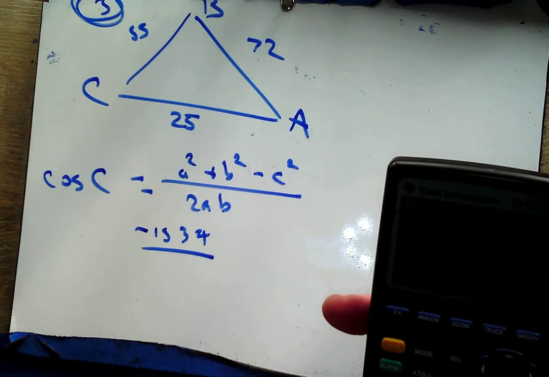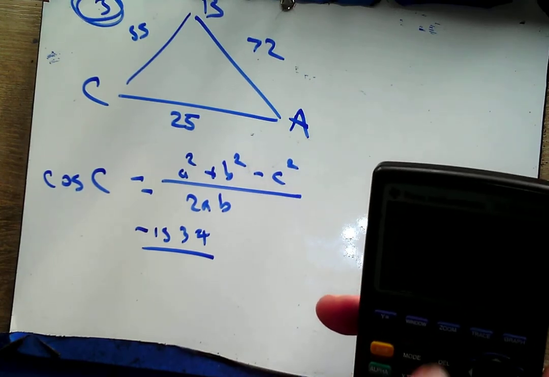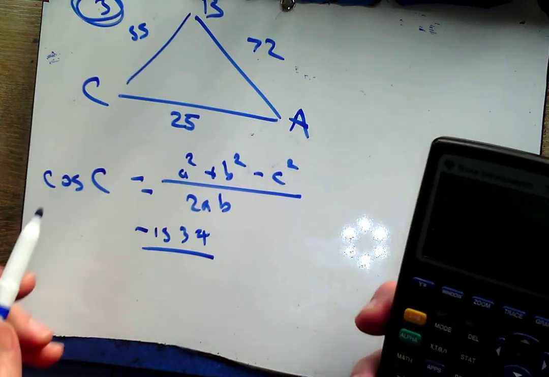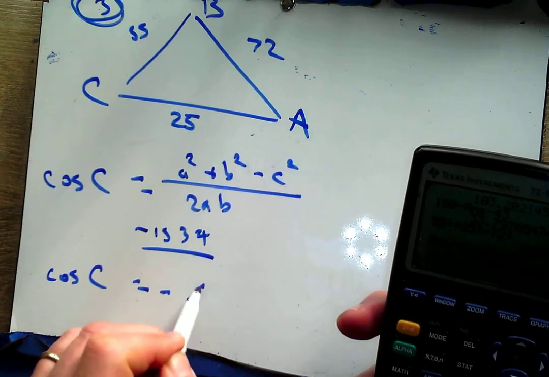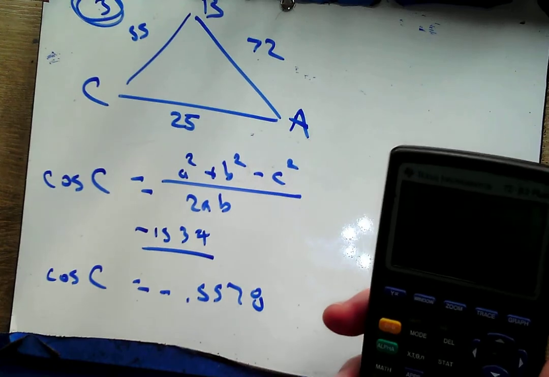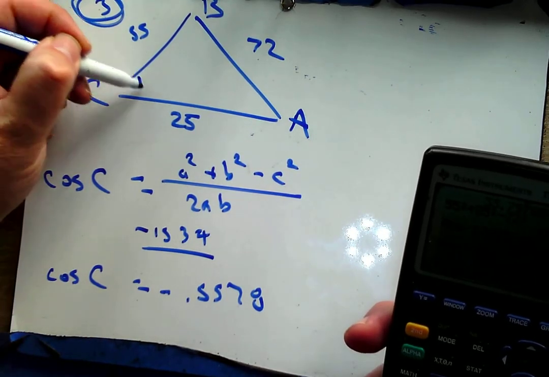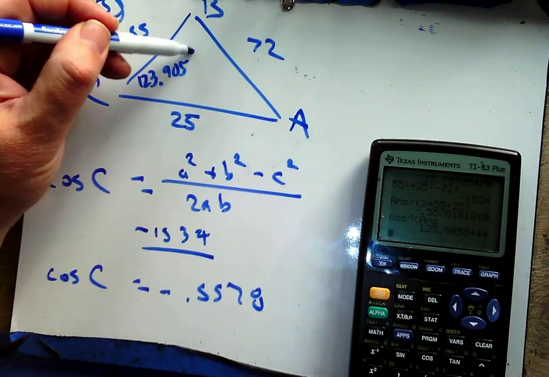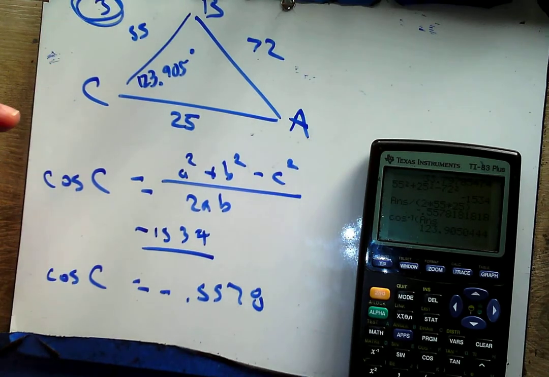I want second answer in parentheses. Okay. So I get that cosine C turns out to be negative 0.5578. If I do the inverse cosine of both sides, I end up with this being 123.905 degrees. Okay, so there's my big C.